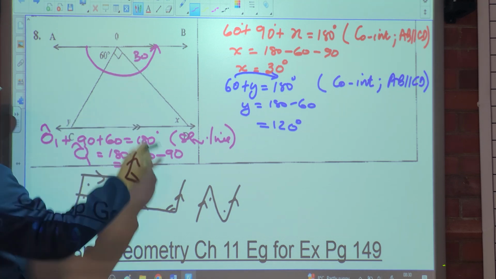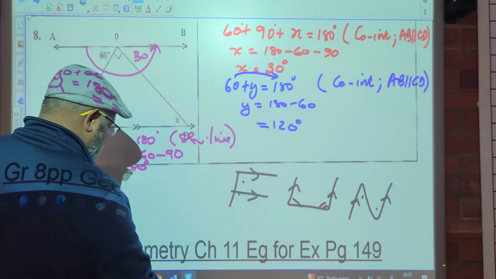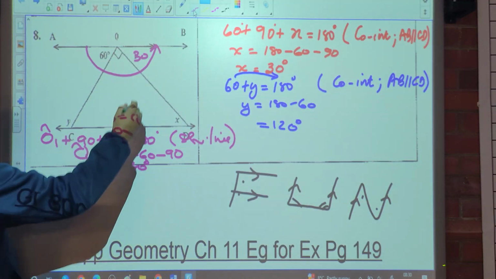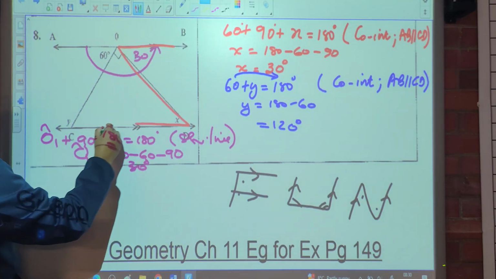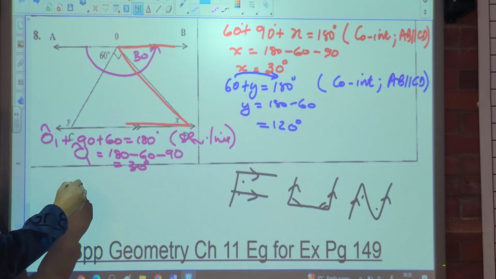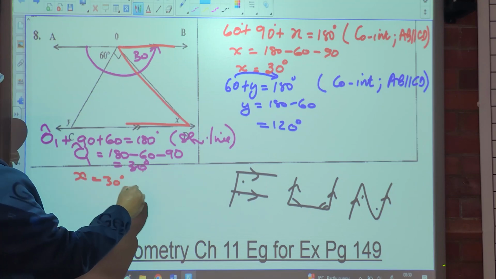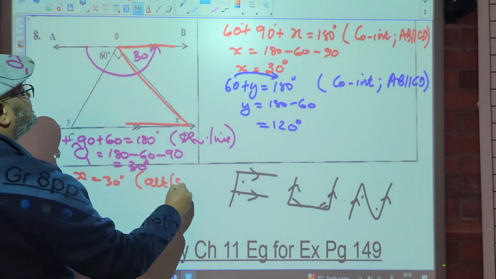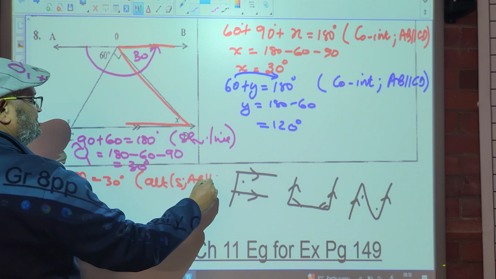Can you see that? So that angle is 30, and then alternate angles here. So now we can say that X is equal to 30 degrees, alternate angles with AB being parallel to CD.